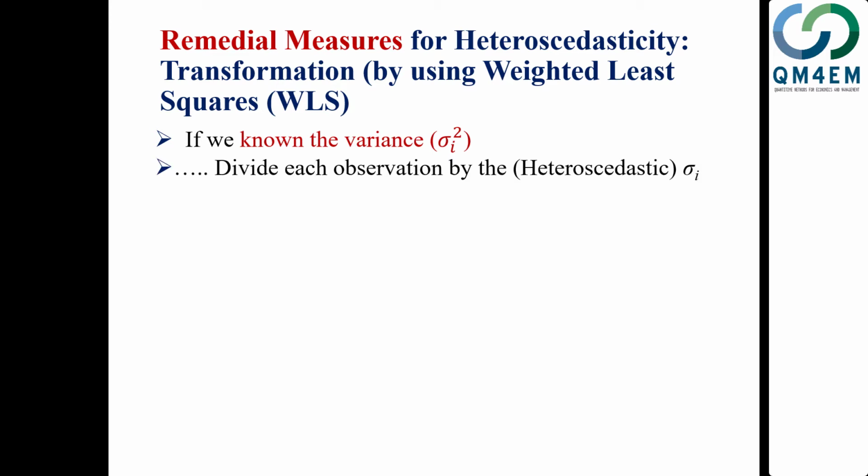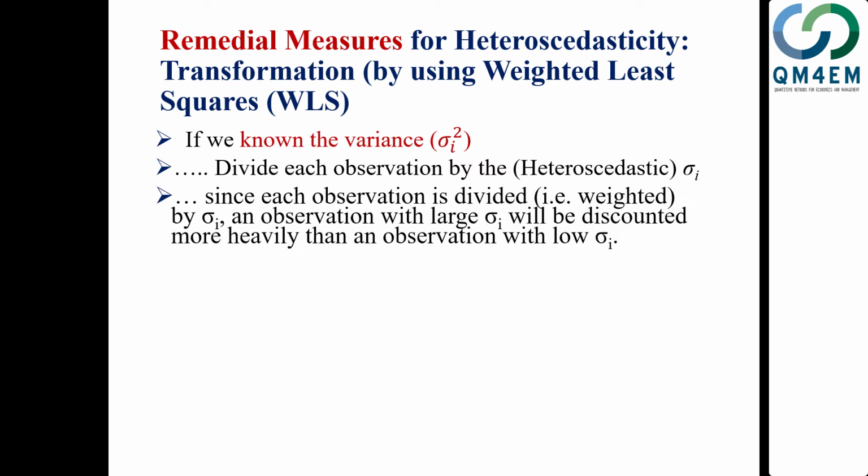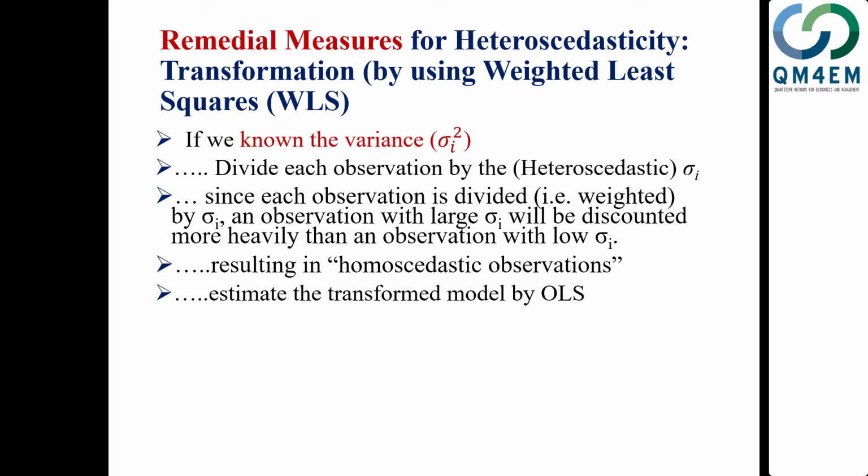In the weighted least square case, when we have the known heteroscedastic variance, all we do is divide all observations by the respective heteroscedastic variance, and that division transforms the original data to homoscedastic observations. Then we can apply the standard OLS procedure and thus obtain the BLUE, or best linear unbiased estimator.